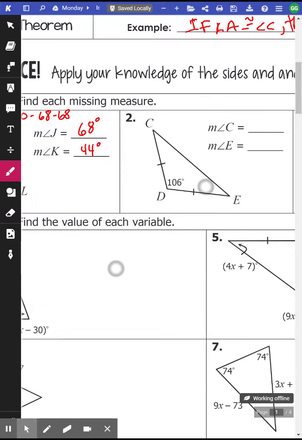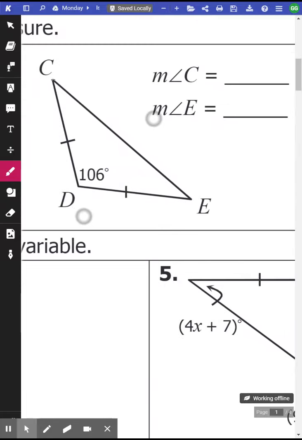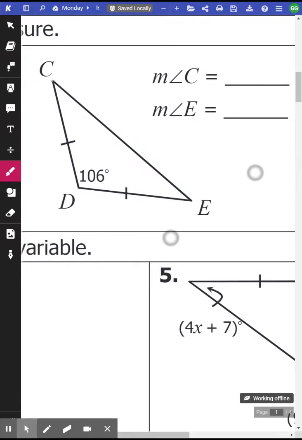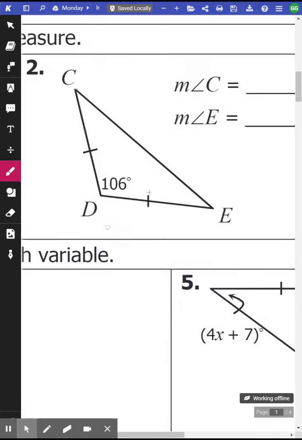Another example. Here we have, okay, so we have the two sides that are equal. That means that these two are also equal. All right, how do I find both of those angles? If we know they are equal, then I know the triangle has 180 degrees.